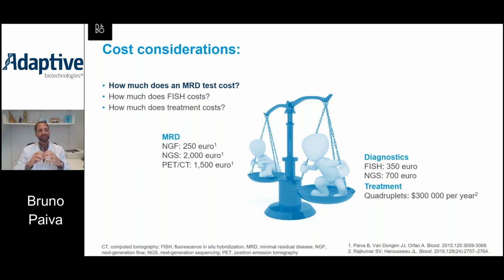Nevertheless, in my opinion, I think that costs are very reasonable when we compare to the cost of diagnostic biomarkers such as FISH, or even more recently, targeted sequencing to analyze, for example, the presence of mutations. And I think that the cost of any of these biomarkers cannot be compared to the cost of treatment.